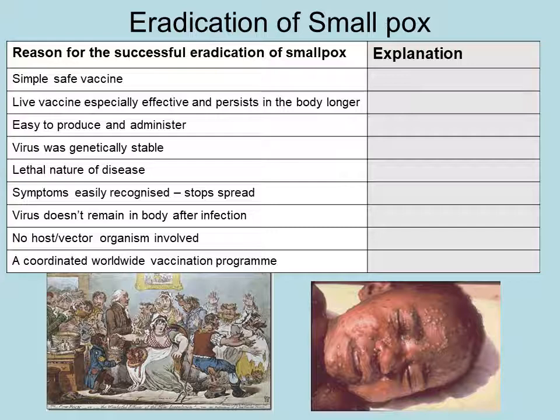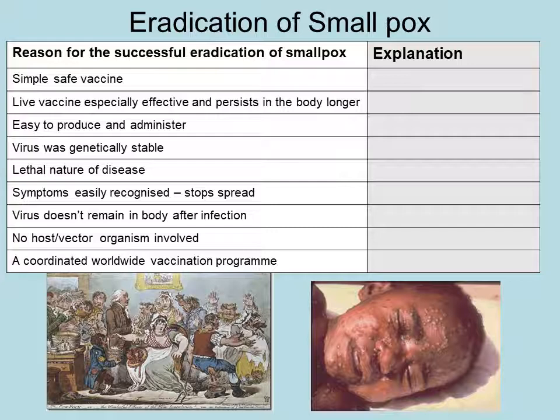The vaccine was effective and it persisted in the body, so it was actually quite a good vaccine, and it did create immunity. You could produce it easily and it wasn't difficult to give to people, so people had a simple injection and you didn't need to have lots of follow-ups in order to keep them vaccinated. It was genetically stable.